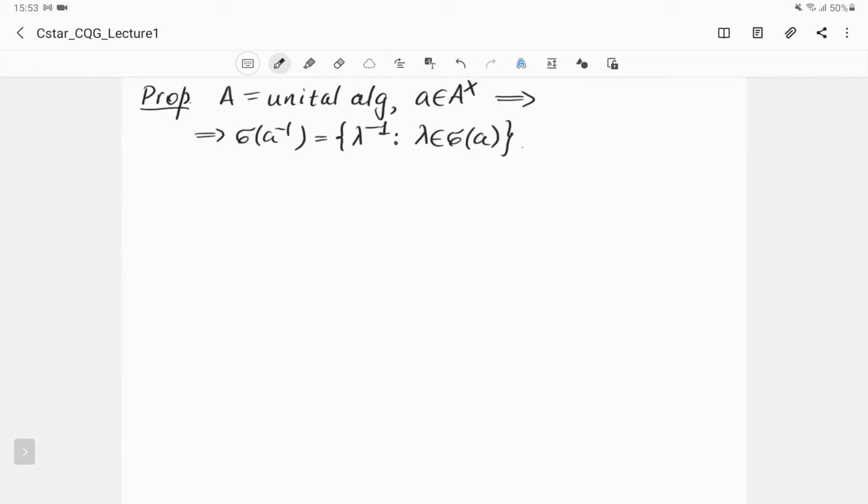And this essentially follows from the following result, which describes some important properties of the multiplicative group of a Banach algebra. So suppose that A is a unital Banach algebra.